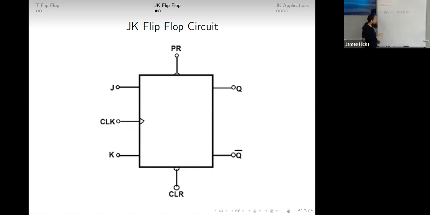PR is like preset. CLR is clear. So the top and the bottom inputs allow you to configure the initial state however you want. CLK is the clock input, and then you have the two signal inputs, J and K.